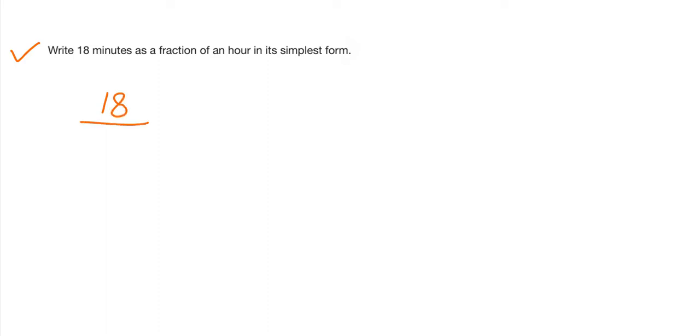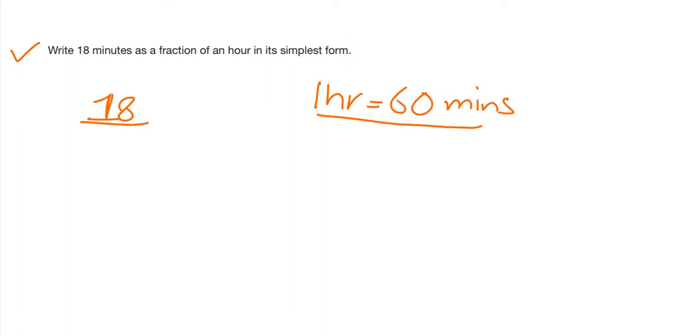So how can we write it? 18/60, because you know that 1 hour is equal to 60 minutes. Let me write this over here too. 60 minutes. So 18 over 60 minutes will be the fraction of that.